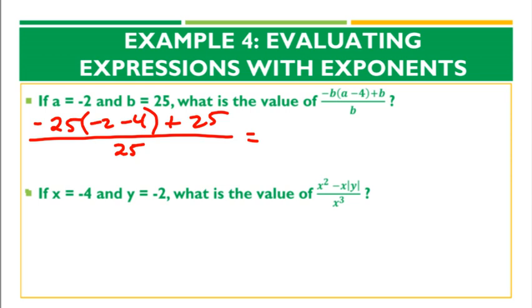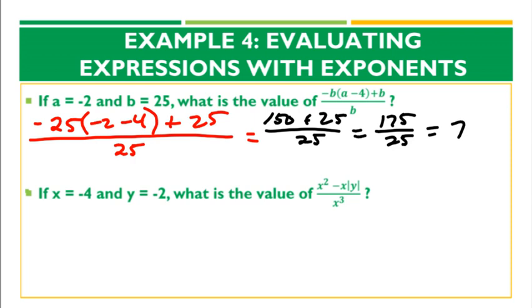Negative 6 times negative 25 gives us 150. So 150 plus 25 divided by 25. So 150 plus 25 equals 175, divided by 25. 175 divided by 25 gives us an answer of 7.